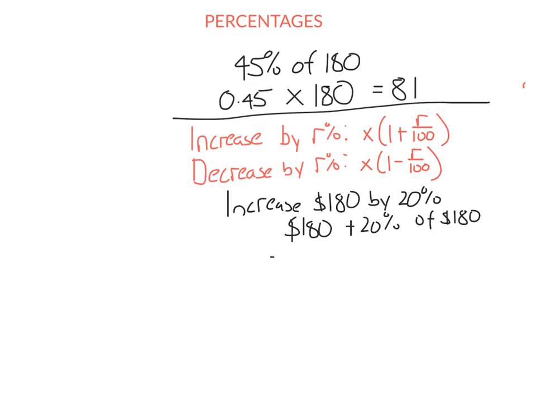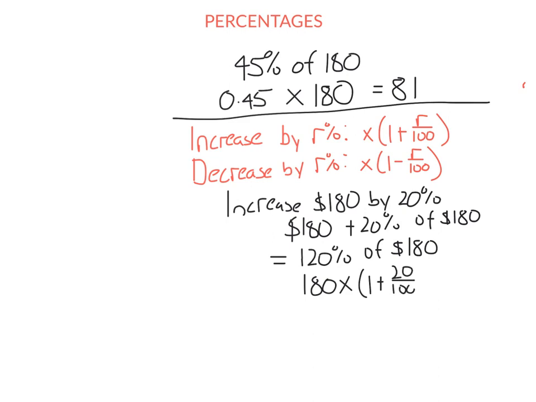So that is the same as taking 100% of 180 plus 20% of 180. That's the same as finding 120% of $180. So it's just finding a percent of a quantity, just like we did up here. So using this formula, I can get there quicker. So if I want to increase by 20%, I times by 1 plus 20 over 100. That's the quick way to do it. I just wanted to show you what was going on. So if I times by 1 plus 20 over 100, that's the same as increasing by 20%.